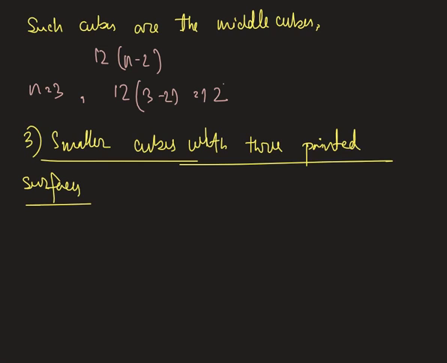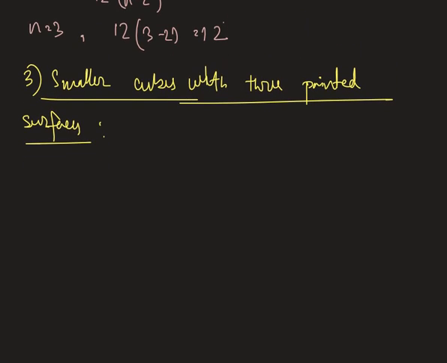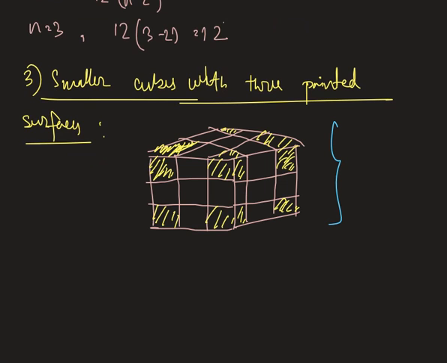So first we try to draw the diagram and understand which portions have three painted surfaces. So this is the required picture, and we can say that such cubes which have three painted surfaces are corner cubes.